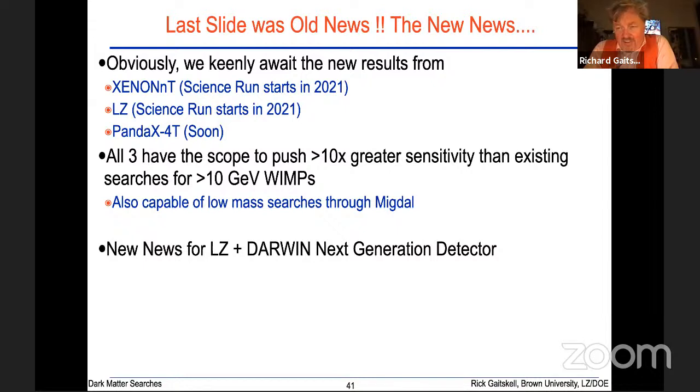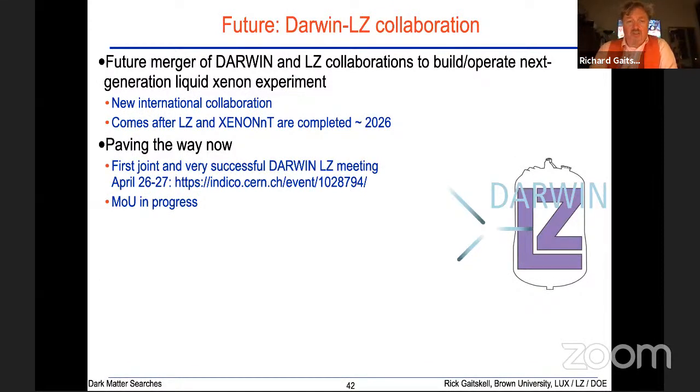Now, I should mention, because this is new news, but again, it's just more on an experiment thing, LZ and Darwin have now announced that the researchers in LZ and Darwin have made it clear that they will be working together on a next generation, multi tens of tons detector that's going to push an order of magnitude beyond the existing xenon n-ton and LZ maximal sensitivities, which should be reached up till about 2026.